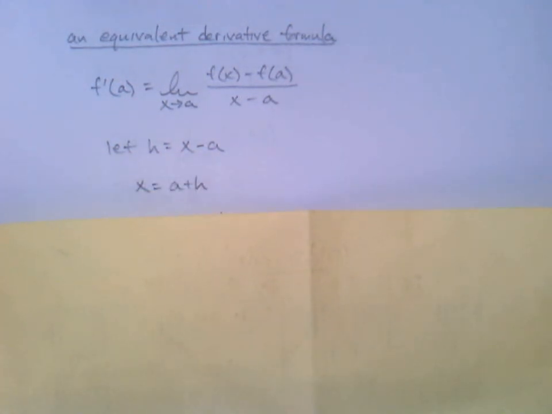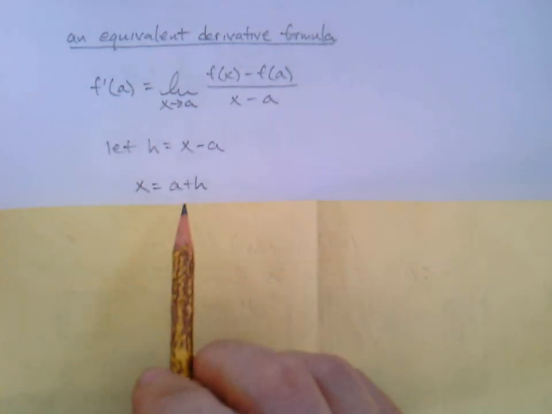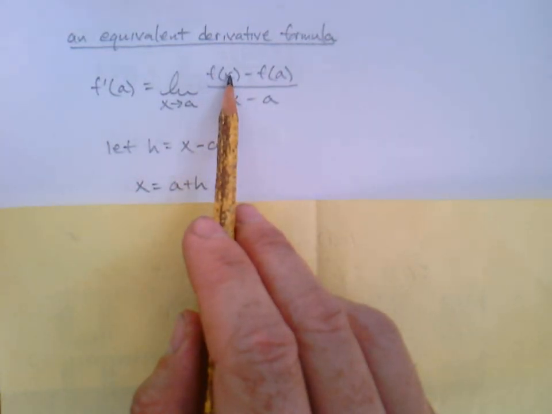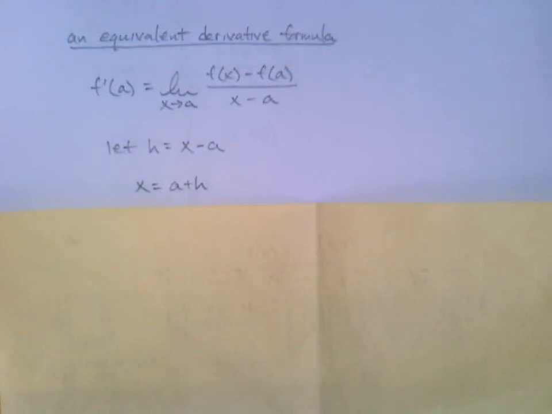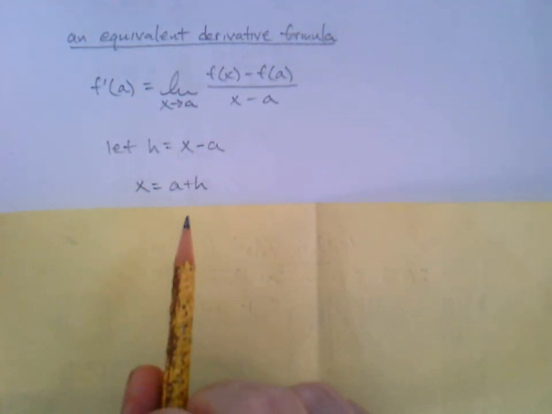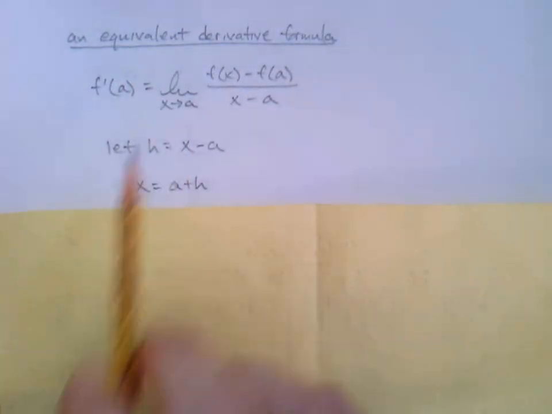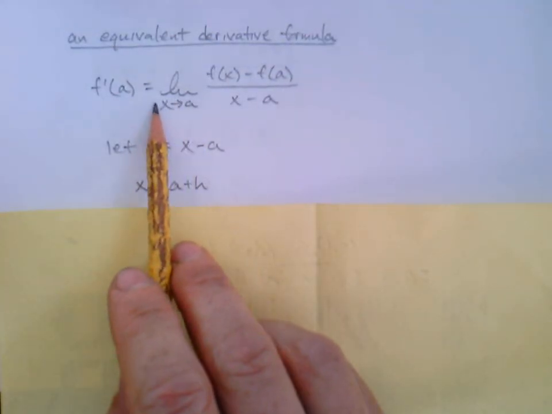If h equals x minus a, then x will equal a plus h. So this a plus h is going to go up in this place to replace that x. So we've replaced that x. There's one x left. It's right here in the limit.